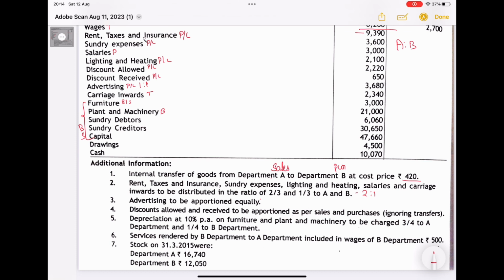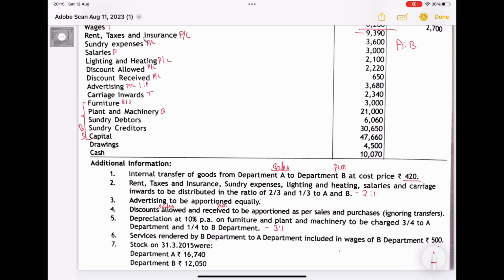Next, discount allowed and received are to be apportioned as per sales and purchases. Discount allowed is related to sales, discount received is related to purchases. So discount allowed in the sales ratio and discount received in the purchase ratio. Depreciation at 10% on furniture and plant and machinery is to be charged in the ratio of 3/4 and 1/4, which means a 3:1 ratio.